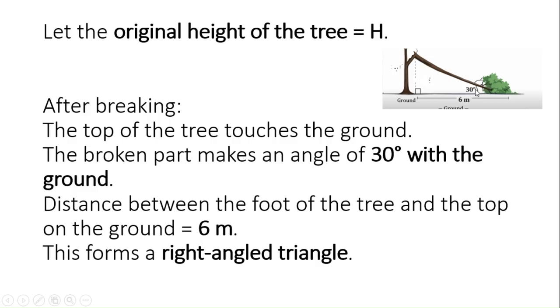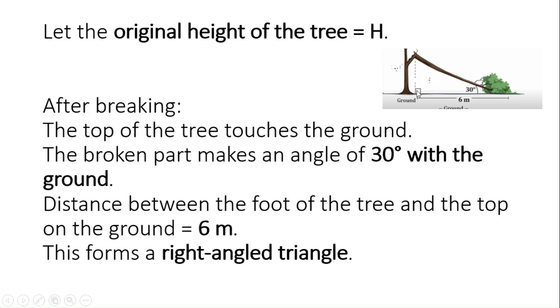With the angle it is making with the ground, and the angle between the foot of the tree and the broken part being 90 degrees because the tree is vertical, the whole scenario becomes a right angle triangle. So we are able to find the length of the broken part of the tree.